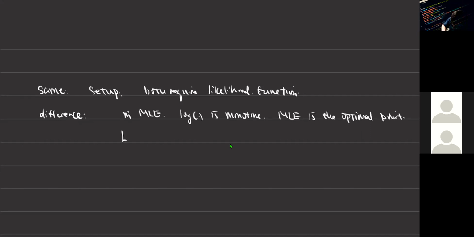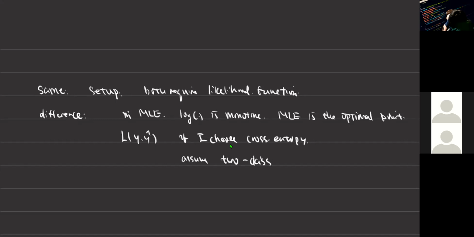Okay, so in a loss function, if I choose cross-entropy, suppose, so assume two-class classification. Making these two assumptions, I can then write out the cross-entropy. Let me make sure I have one more assumption.